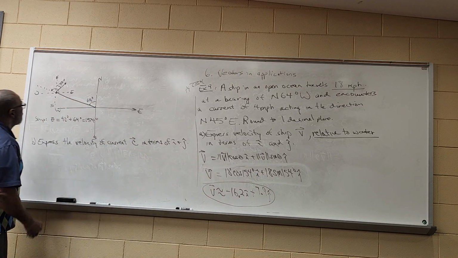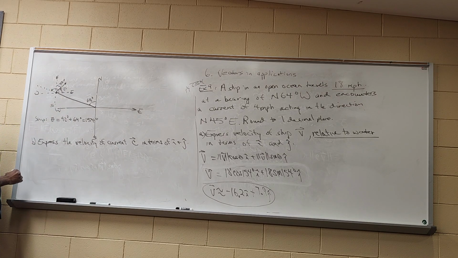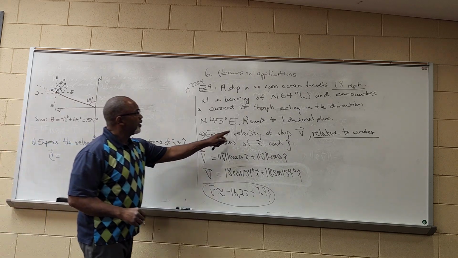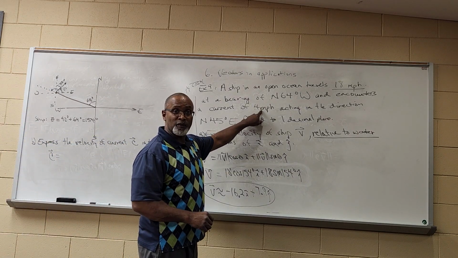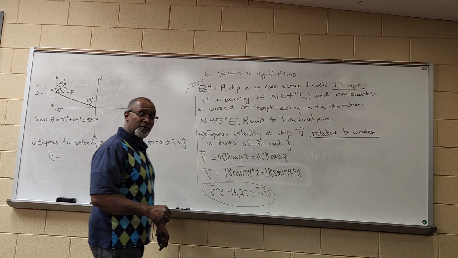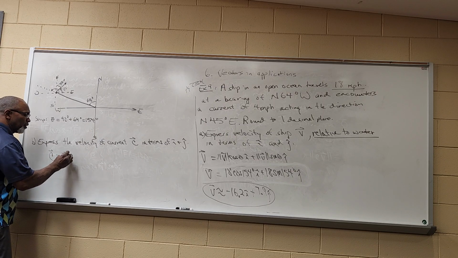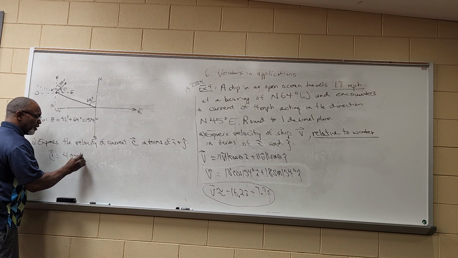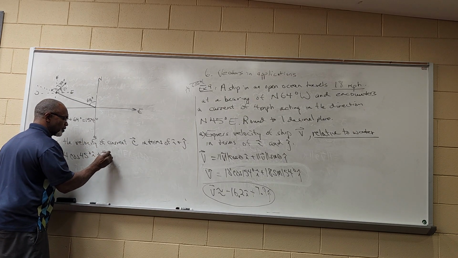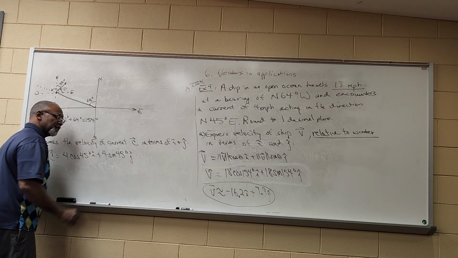Okay? Well, C is a little easier. For C, theta is right here, right? So vector C, and they told me that the current was going at 4 miles an hour, so the magnitude of C is 4. They gave me the magnitude for C. So it's going to be the magnitude of C, 4, cosine of 45 degrees, plus 4 sine of 45 degrees, j.